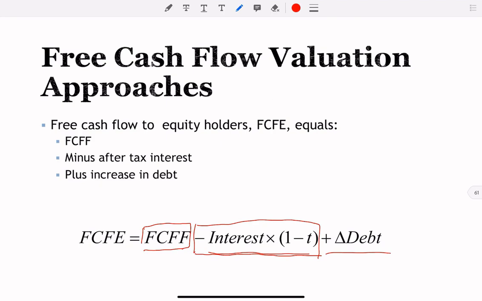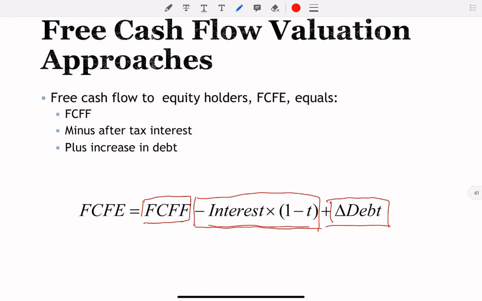So if you use FCFF minus interest, this almost gives you the cash flow to equity holders, right? And then you would consider the increase in debt, right? Whenever this firm is increasing its debt, it means there's higher cash flow to equity holders. So if there is an increase in debt, then free cash flow to equity holders should be larger.